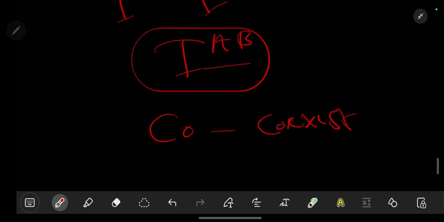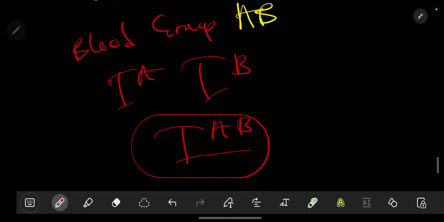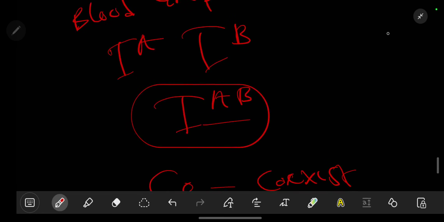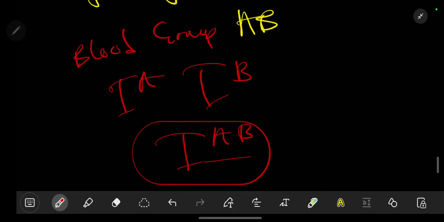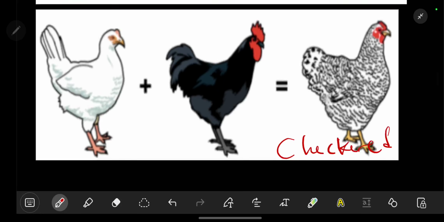Then when we look at the other example that we might have under codominance, so you should know the example. So we have blood group AB. They might ask you in an exam. The other example that we might have is a checkered chicken.